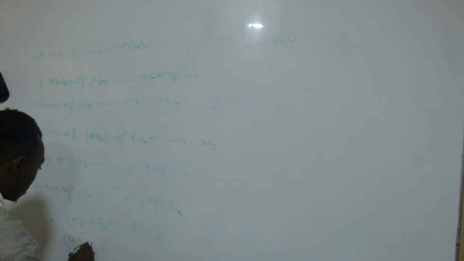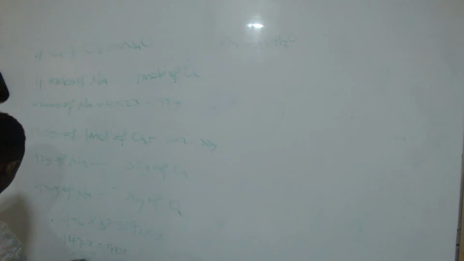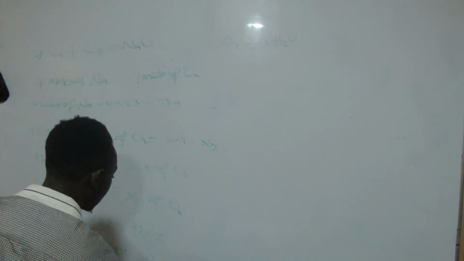Once you multiply 4.6 times 32, you get 147.2, which is equal to 92x. You divide both sides by 92. So 147.2 divided by 92 gives 1.6.